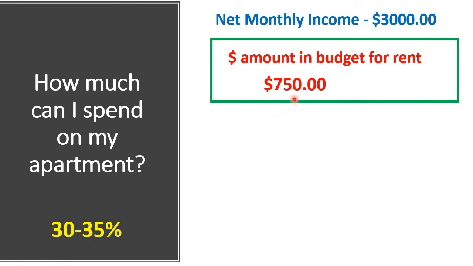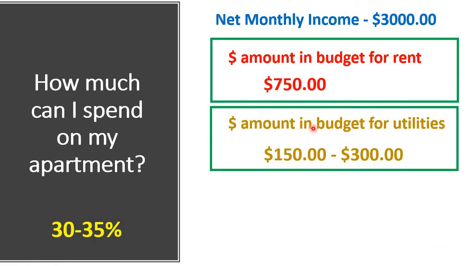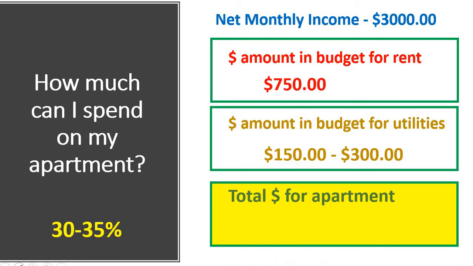So now let's put that together. We got $750 for the budget for rent we set aside. Our amount for utilities was that range of $150 to $300. And so now let's figure out what's the total amount that I should set aside for my apartment. And again, it's going to be a range of amounts, not just one number.